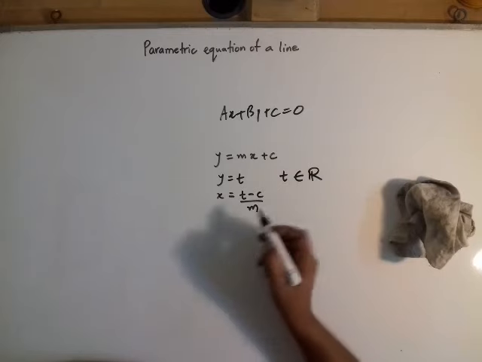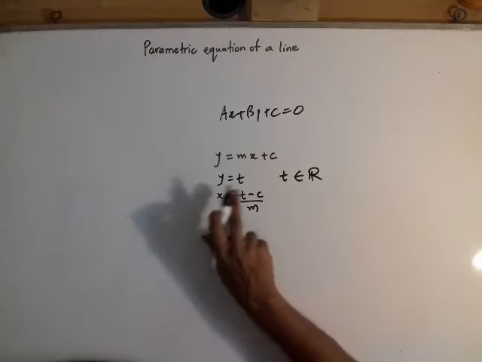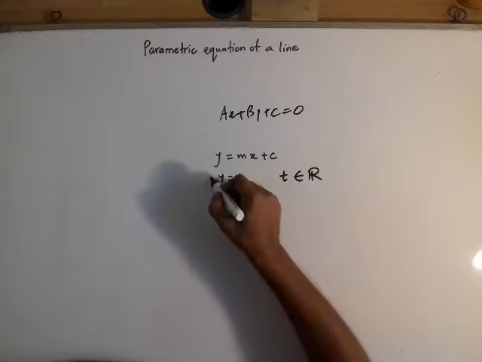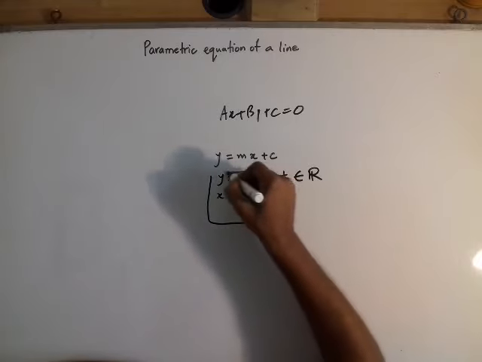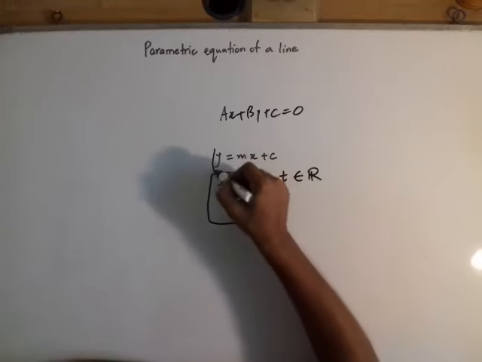I'm not going to go into proofs, I'm just going to demonstrate it and we are going to take it for granted and move on. I say that this is as much of an equation of this line as this one.